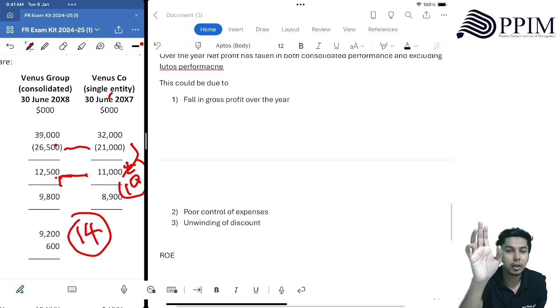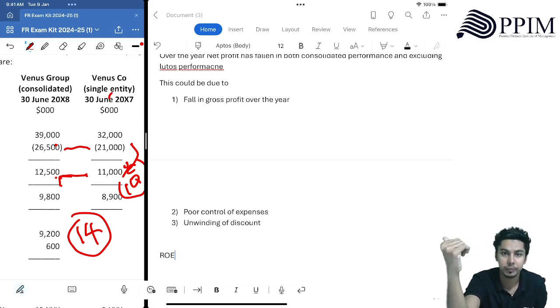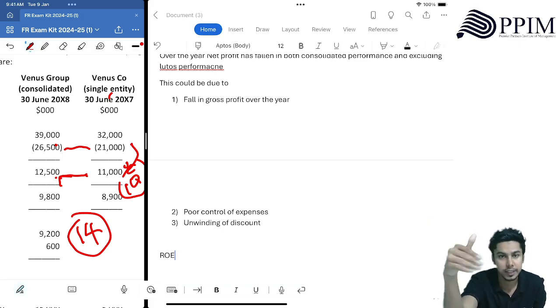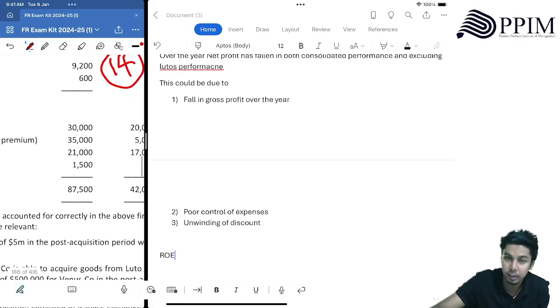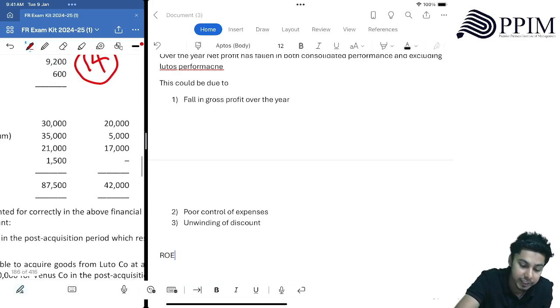Okay. So guys, ROE: normally, what are the two things we have there? One is profit, the other one is what? Equity. So what has happened to profit? Profit has actually decreased, so ROE has gone down. What's the other major contribution? Equity has actually increased, because of these reasons. Number one, can you remember in the paper they said when we are buying the subsidiary, how did we buy it?